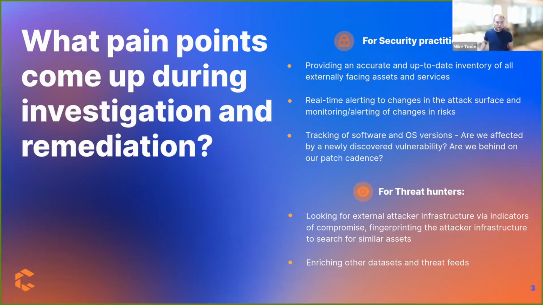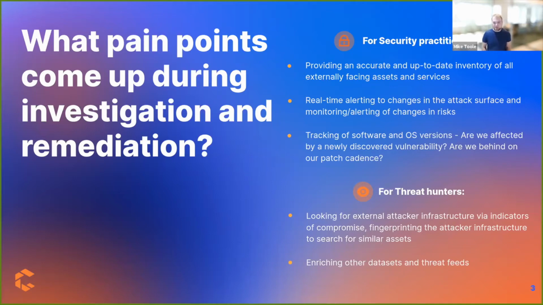The pain points we're going to go over, these are really just common pain points for most security teams, right? So how do you provide an accurate data inventory of all your assets and your services, and how do you create real-time alerting with that? Because changes are important, right?